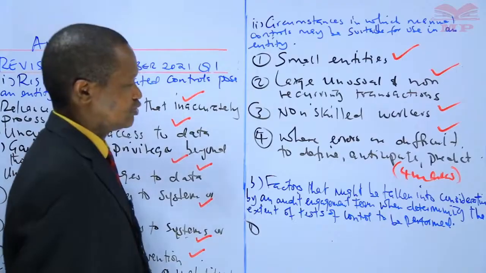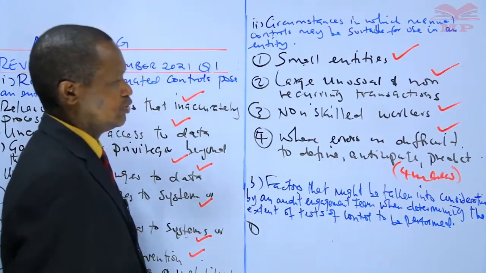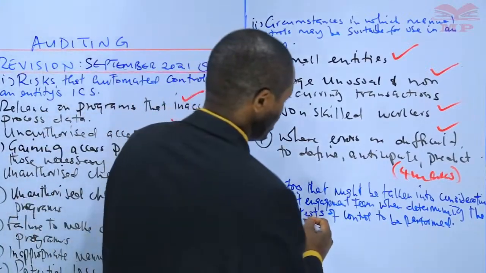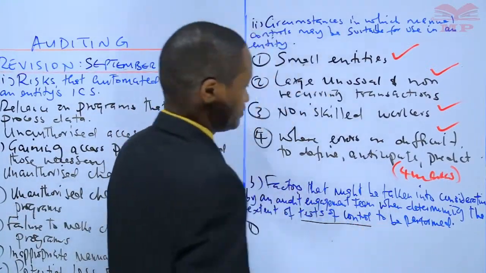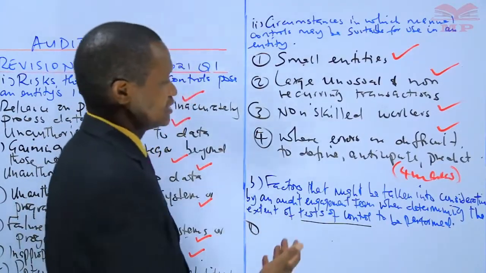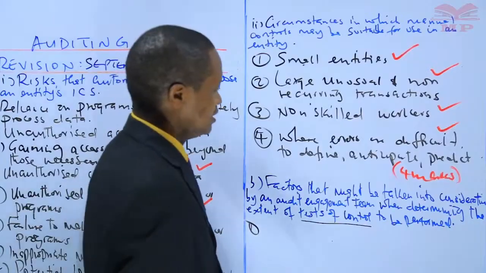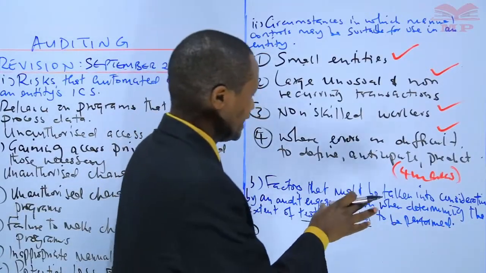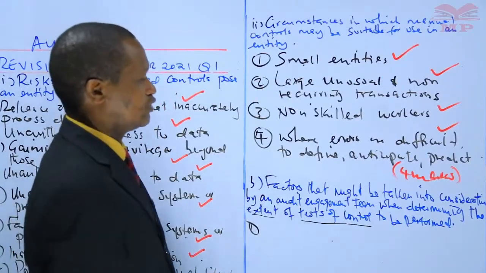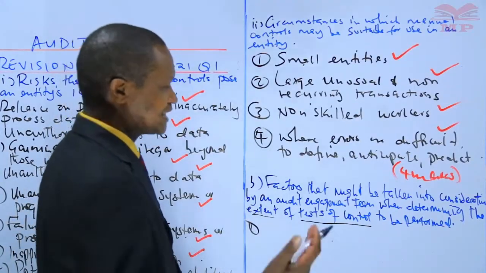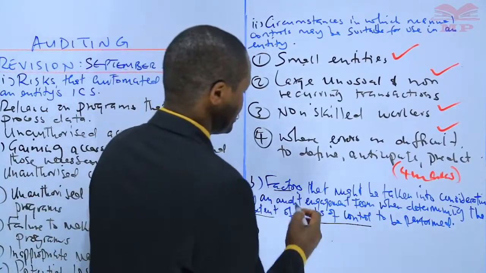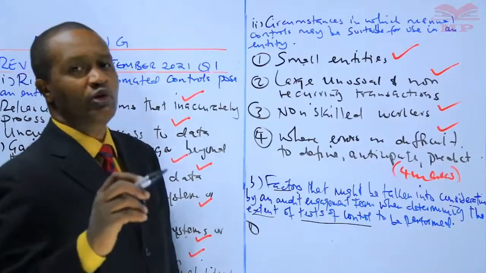Test of control here is a keyword. The question is, what will be the extent of tests of control to be performed? Factors that might be taken into consideration.